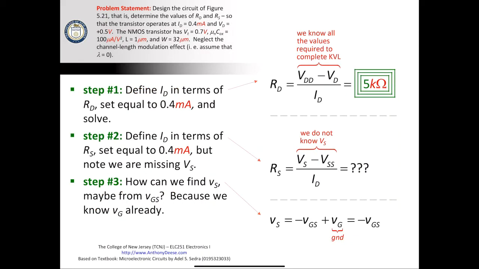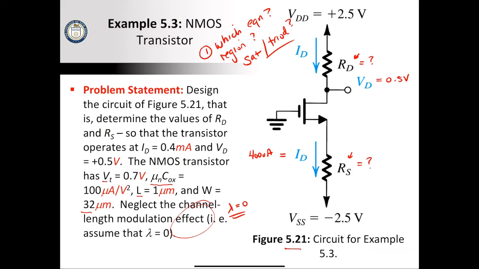Okay. Now, there is some low-hanging fruit here. You see that we know what the voltage differential is here. This voltage difference between these two points is 2.0 volts, because it goes from 2.5 to 0.5.